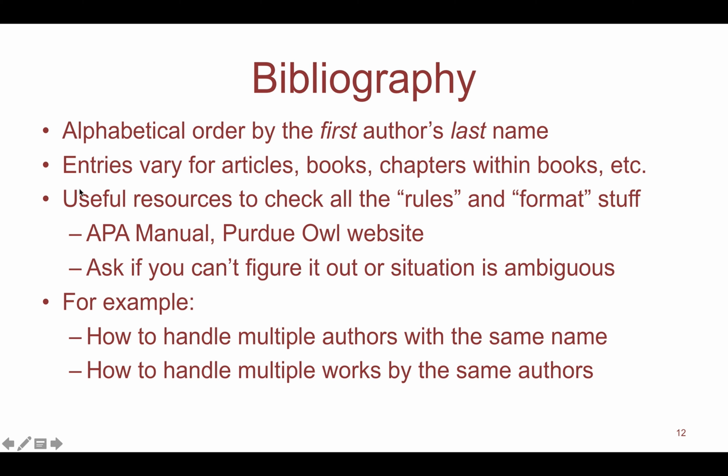So definitely check your APA manual for those details and let your teaching fellow know, or use the library resources, use the people working there in the Academic Success Center, for example, to help you with some of those rules as well.